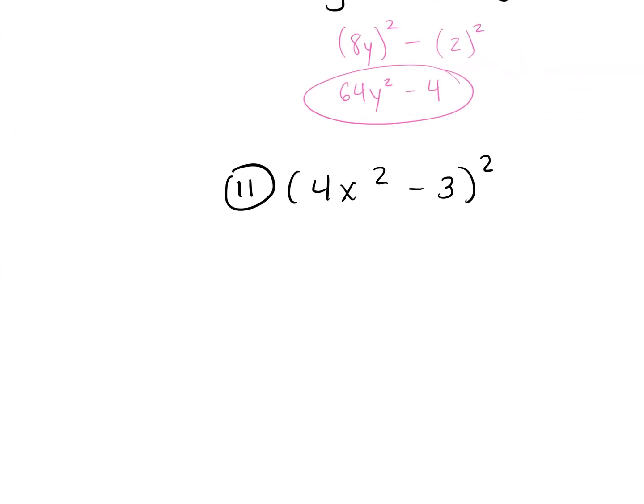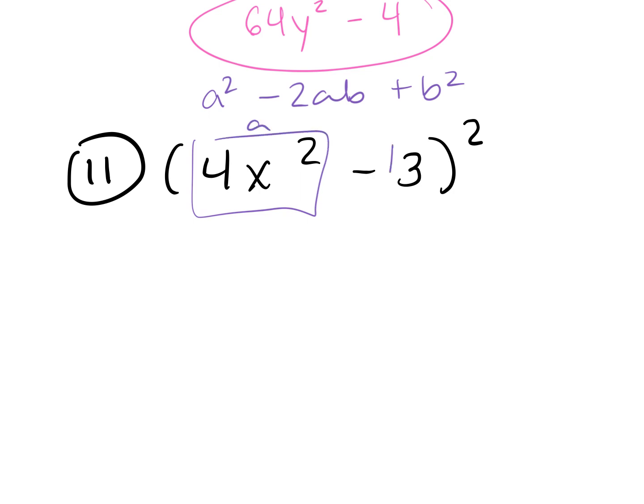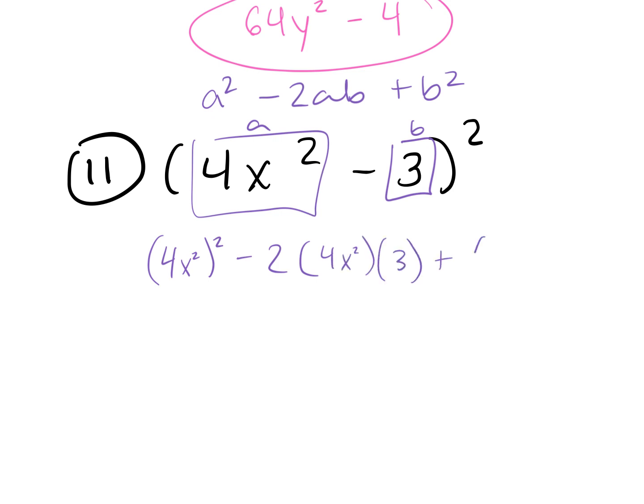Let's look at 11. So for 11, we have a shortcut 2. Our shortcut is a squared minus 2ab plus b squared. The first term is our a, and the second one is our b. So we start with 4x squared squared minus 2 times 4x squared times 3 plus 3 squared.